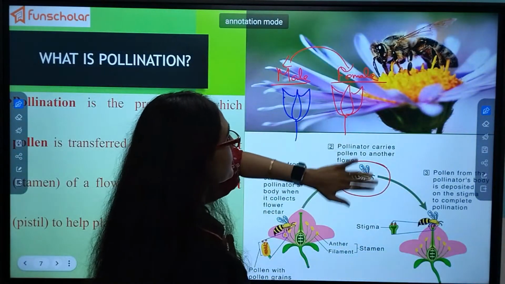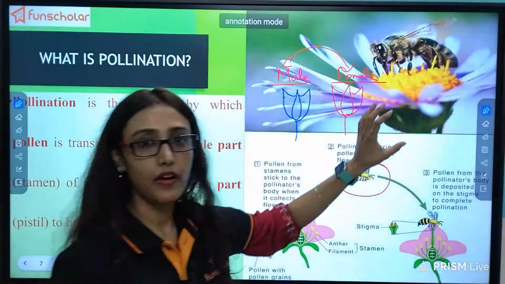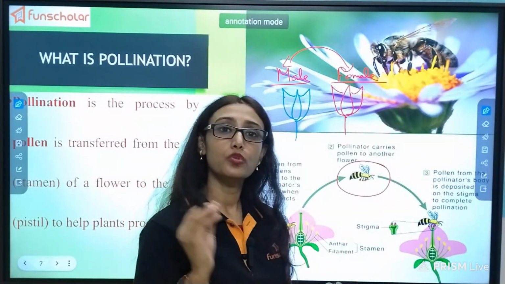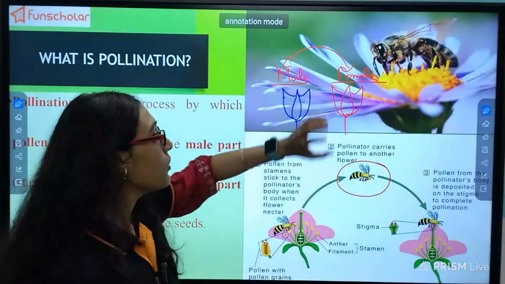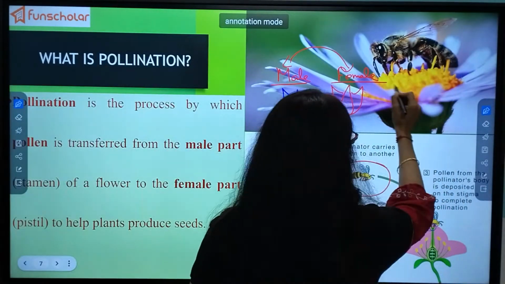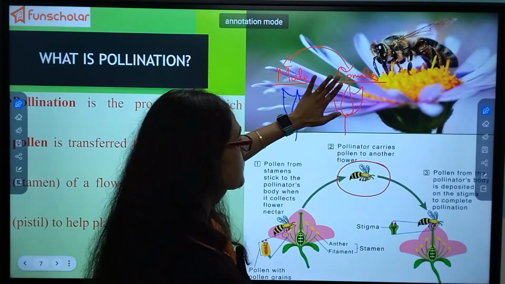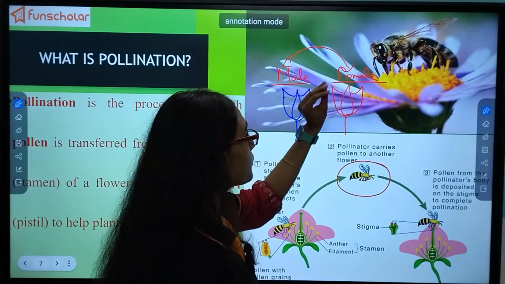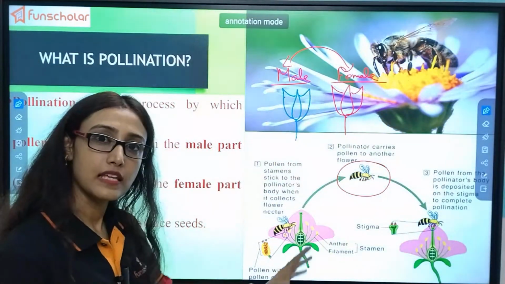As in the picture, it comes and sits on the flower for its nectar. Nectar is produced to make the pollinators or insects eat or drink it. While doing that, the pollen sticks to the animal, and when it flies to the next flower, the female flower, the pollen gets deposited here, and ultimately they form the seeds.